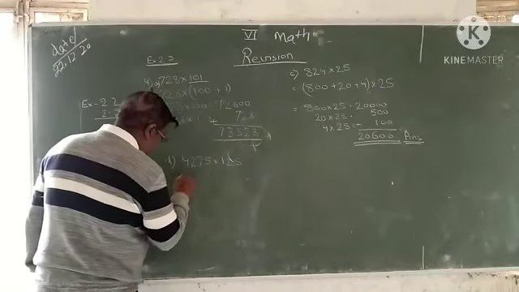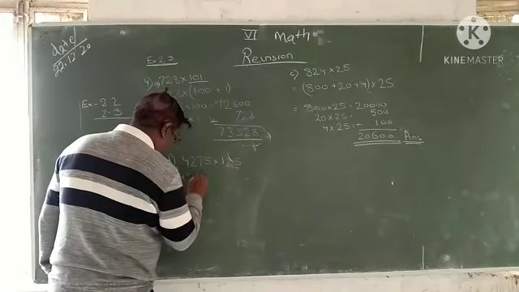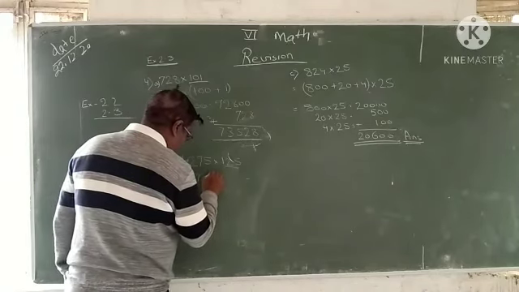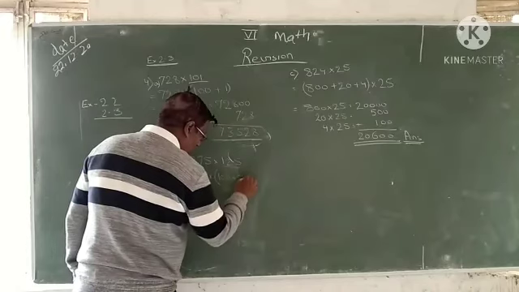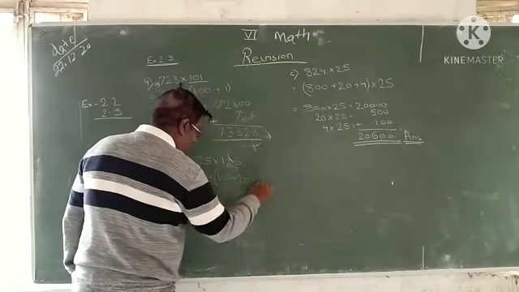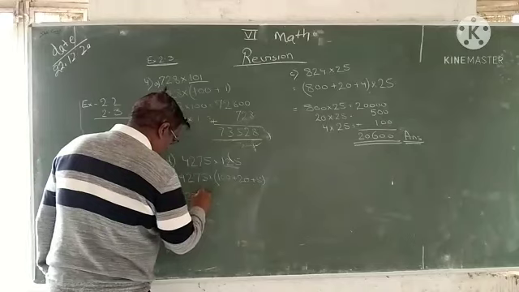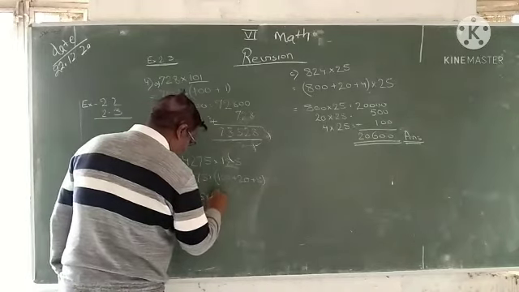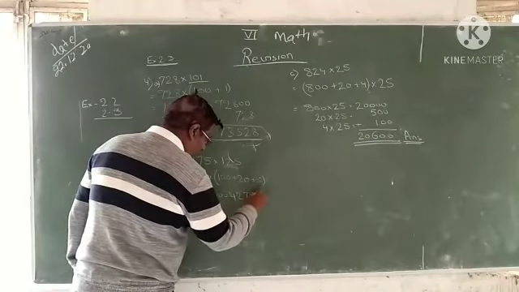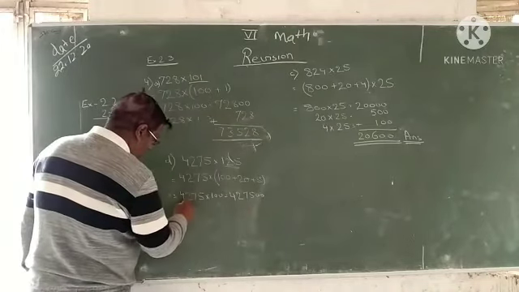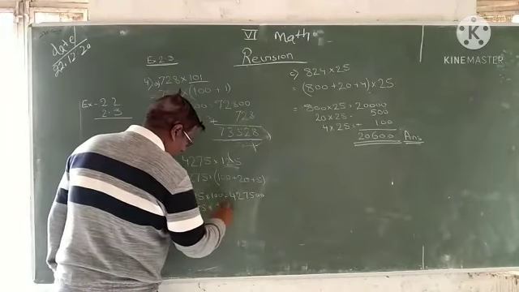So let's break this 125 into 100 plus 20 plus 5. 4275 into 100 comes as 427500. Now 4275 into 20.